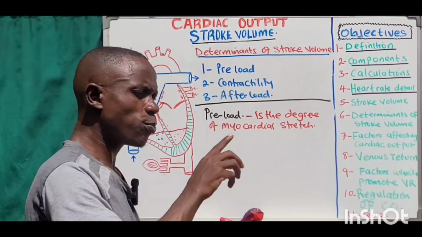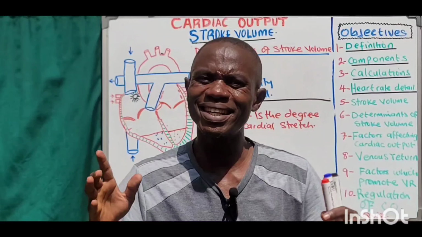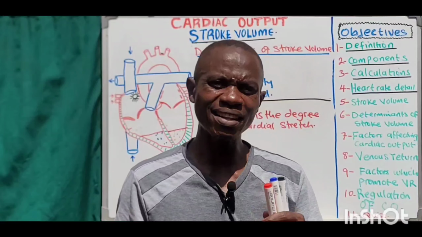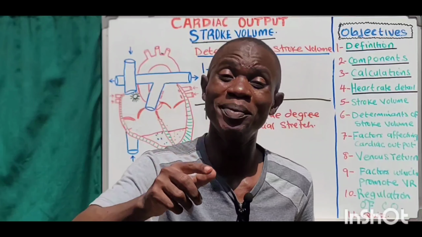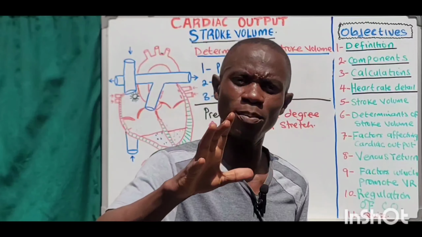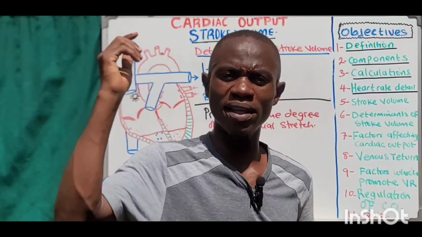Now this preload is going to be dependent on the end diastolic volume. In other words, end diastolic volume determines the preload, because we have said that end diastolic volume is the volume of the blood within the ventricles before they contract.